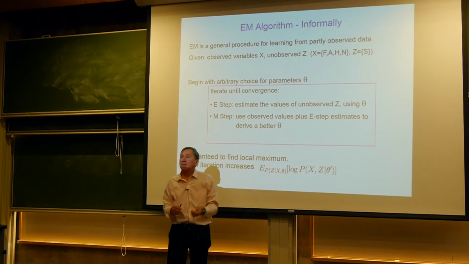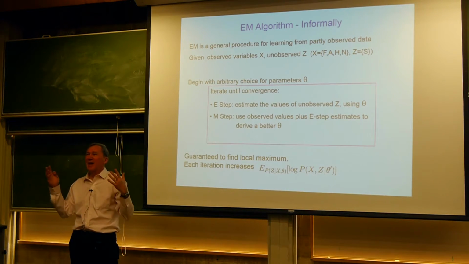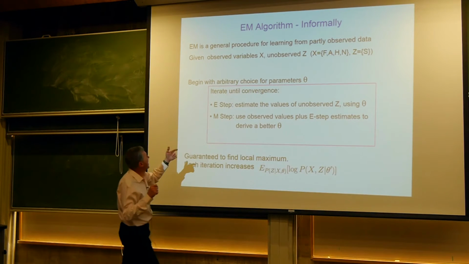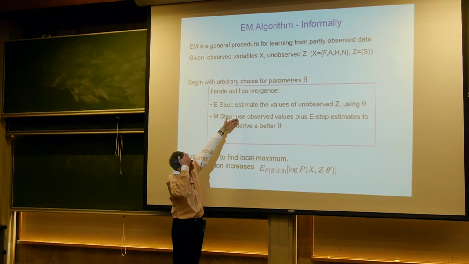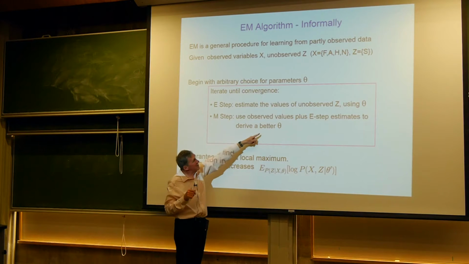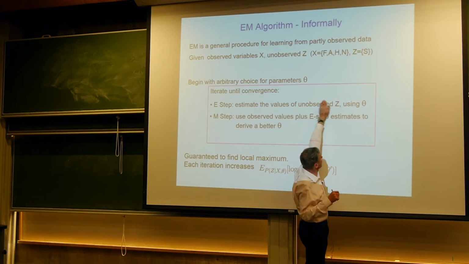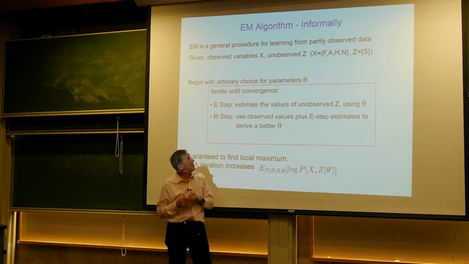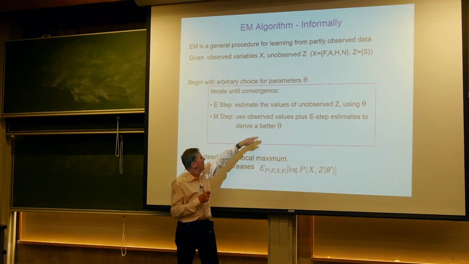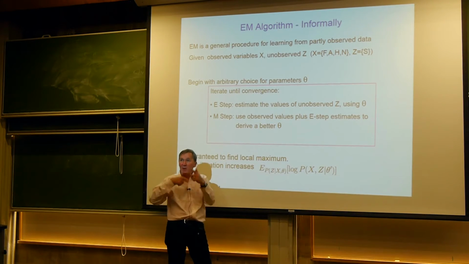So intuitively, we make up a bunch of random thetas to begin with, but then as we use those to estimate the probability distribution on our unobserved variables, we can then use those together with the observed ones to get a better estimate of what theta is. And now we use that better estimate to redo this, to estimate better values for sinus. And then we use those even better values for sinus to get a better estimate of theta, and we iterate.